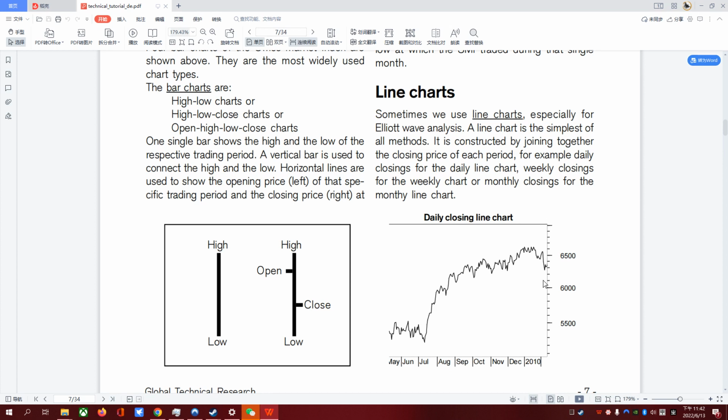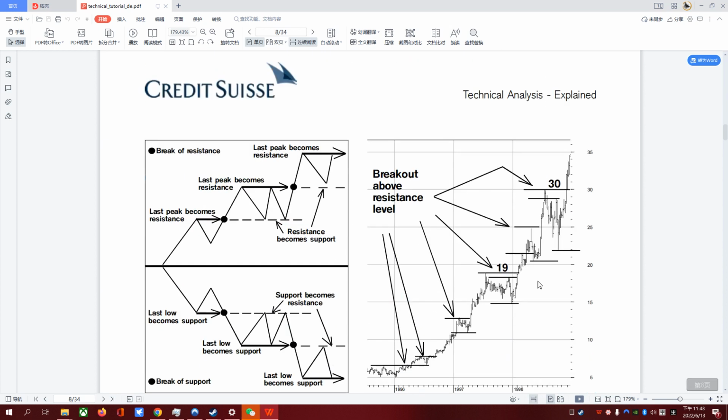If you use bar charts for a longer time period, it's very difficult to see those highs and lows. But in line charts, you'll be able to capture the patterns a lot easier compared to bar charts. For example, if you want to use Elliott wave and all these trading patterns, it's best to use line charts instead of bar charts.